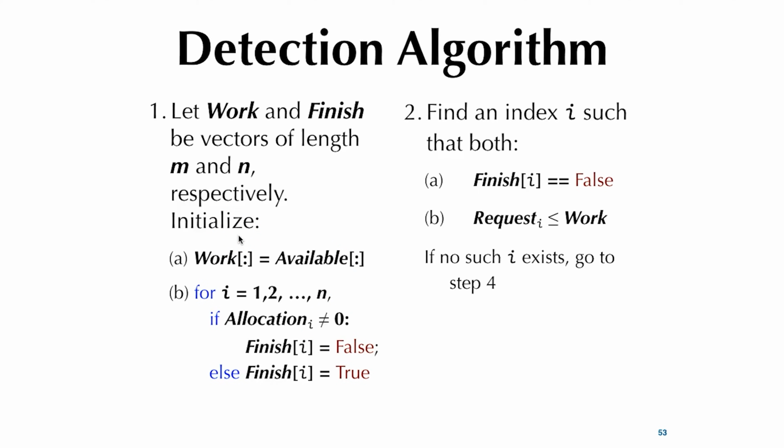The biggest difference between this and the safety algorithm in the Banker's is, remember, there were two variables. One was max. Max was what's called claim. And remember what claim means? Claim is a declaration saying this is the maximum number of instances this process will ever request.